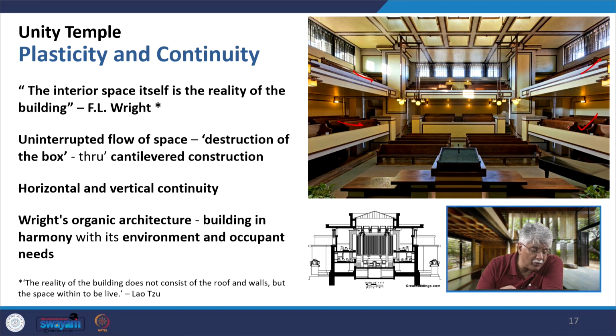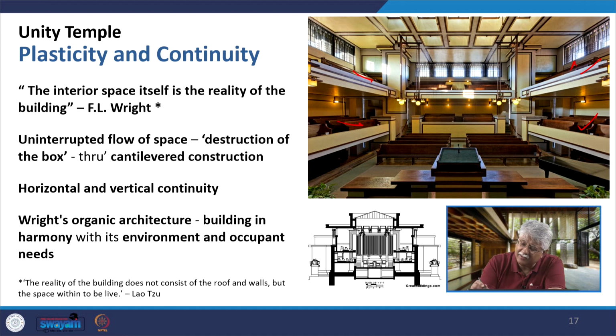So here what happens? What he realized was that when I do this, not only is the box broken, not only is the space flowing very freely, but something else is also happening. The space is also flowing in the upward downward direction. When people sitting here are looking down, people here below are looking up, people are talking to each other, connected to each other and visible to each other, he suddenly realized this space is moving in all directions, that there is a continuity about it, right?